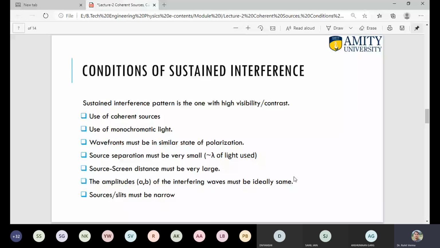So the contrast between the brightest fringe and the darkest fringe will be large. Source slits must be narrow. The sources and the slits should be as small as possible. So these are the different conditions for observing a sustained interference pattern.